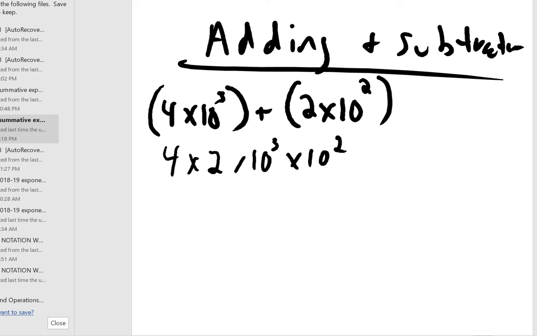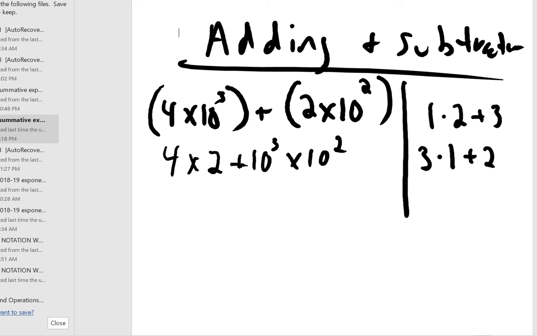Like if you had an easier question, 1 times 2 plus 3 is not the same thing as 3 times 1 plus 2, or 3 times 2 plus 1. I think that actually gave you the same answer, but it just happened to work out like that.